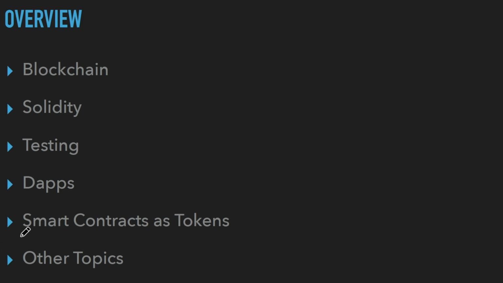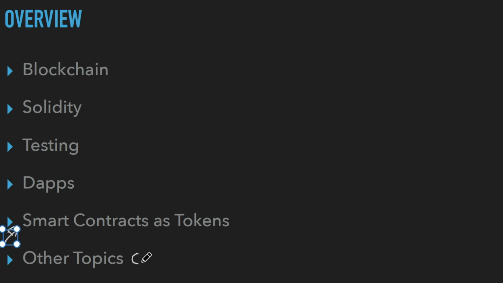After that, we can have some kind of different thing here. Actually, if you learn the first 4 topics, it's enough to be able to write smart contracts, but I would encourage you to go further and make the smart contracts into tokens, which you can think of as the standardized form for smart contracts.